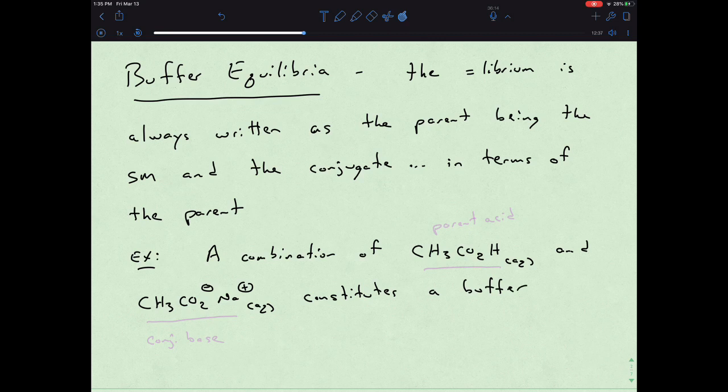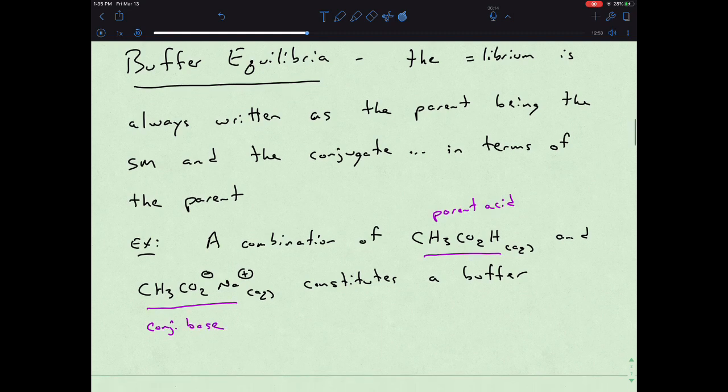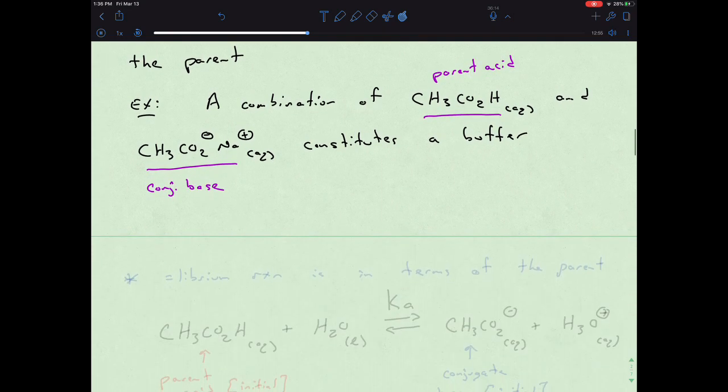We have a combination of here the acetic acid, that's our parent acid, and then we also have our sodium acetate, and that is the conjugate base of that parent acetic acid.